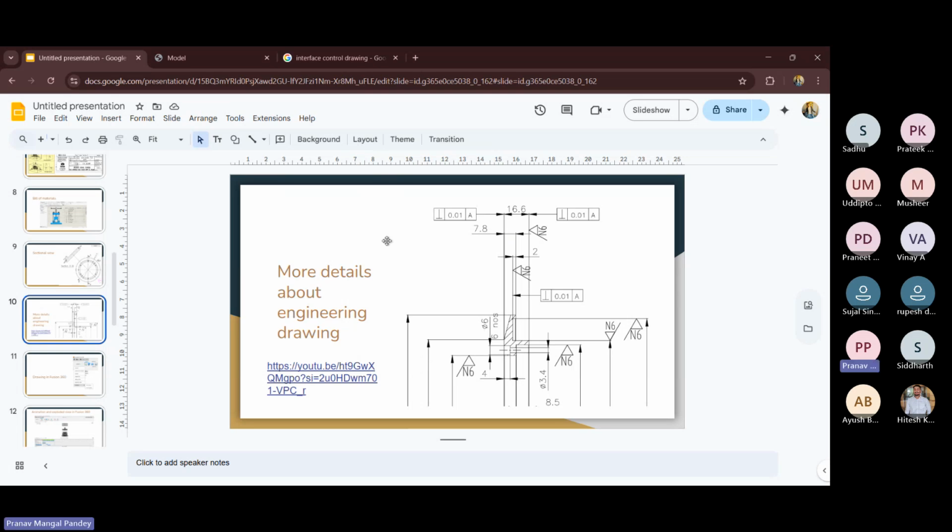How do you present tolerances? All those things. Do refer to this YouTube video to understand more about the drawing part. There are a lot of details. If I start telling about that, it will take its own 2 or 3 hours. Instead, it's a 22-minute video. You can go through this and refer to what is written there. We'll take into account all the things which are present in this video.